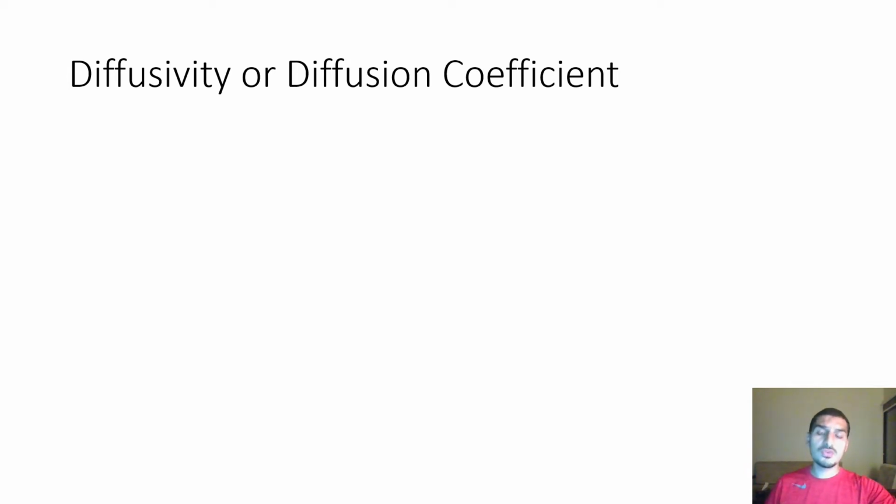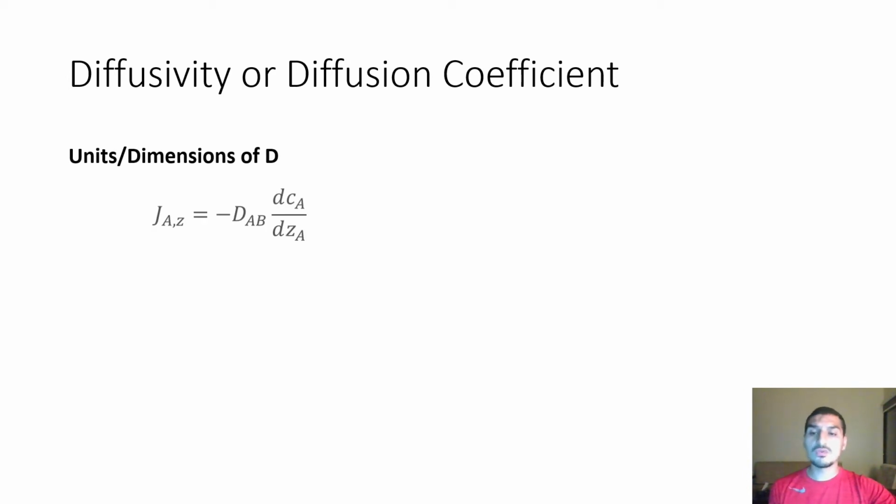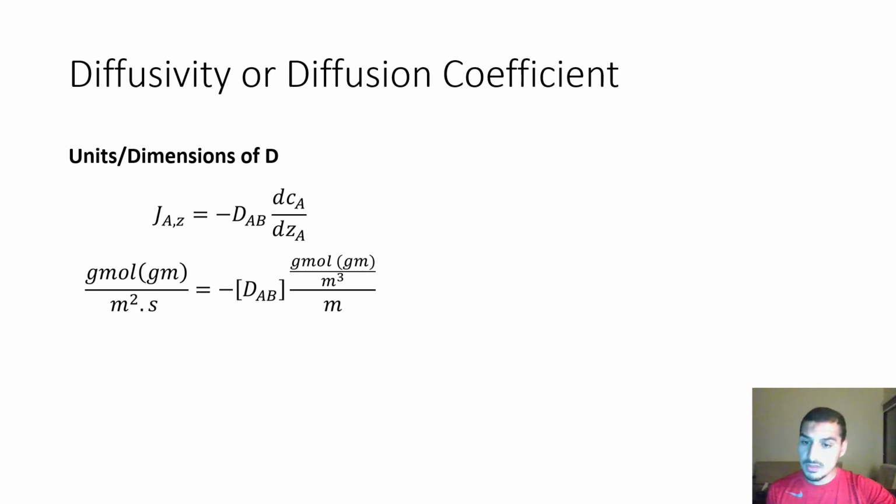So before talking about these, we just need to talk a little bit about the diffusion coefficient from the dimensions or the units point of view. The equation, Fick's law equation, states that the diffusion coefficient multiplied by the gradient of the concentration equals the flux. From this we can deduce the units of the diffusion coefficient.